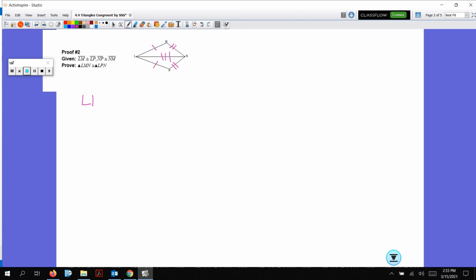This is the last reason that we need all 3 sides to be congruent, because we can't assume that something is congruent. So remember, this is reflexive. So now that we have all 3 sides congruent to all 3 sides, you go ahead with your congruency statement. Triangle LMN is congruent to triangle LPN by side, side, side.